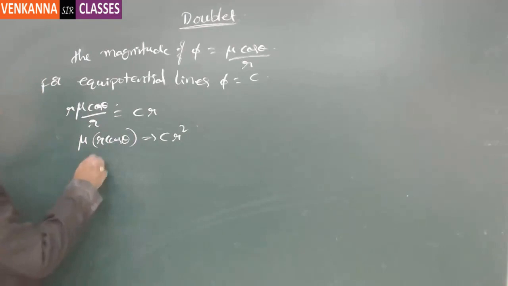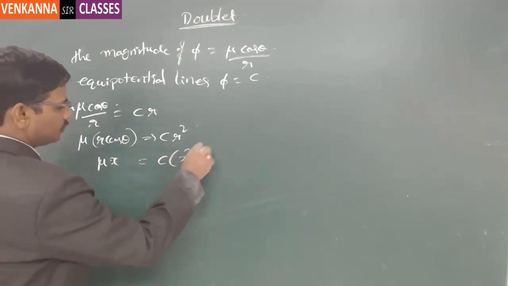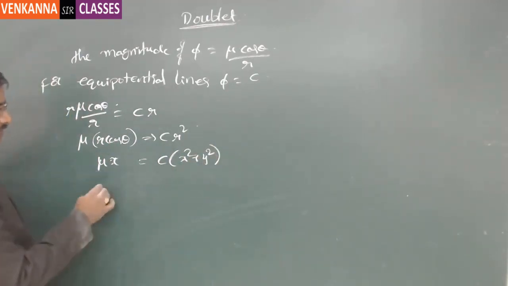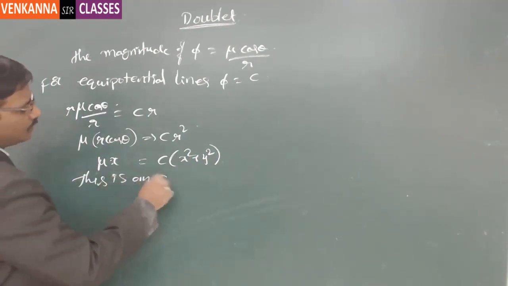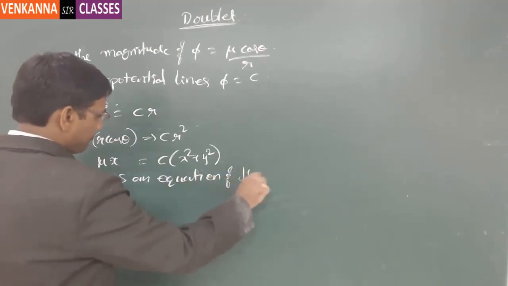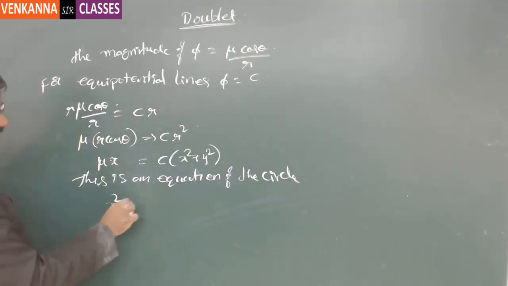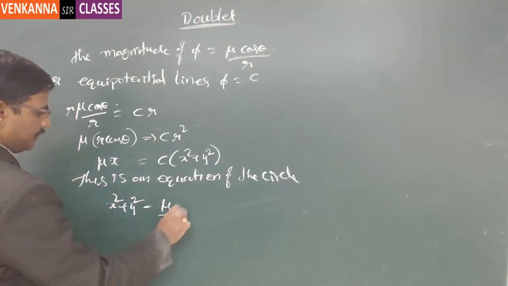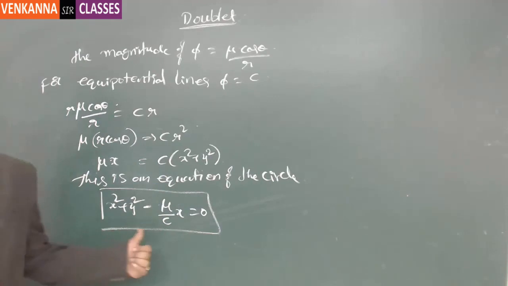Now this can be written as mu x is equal to c into x square plus y square. So this is nothing but the equation of a circle. This can be treated as x square plus y square minus mu by c into x is equal to 0.